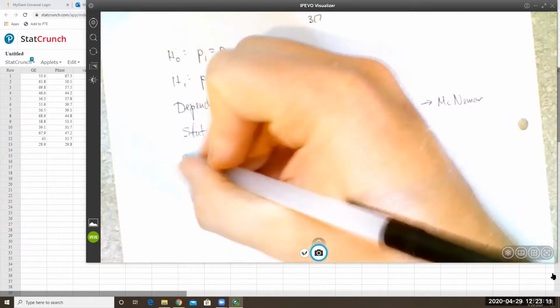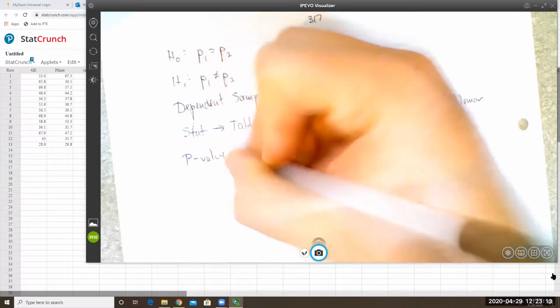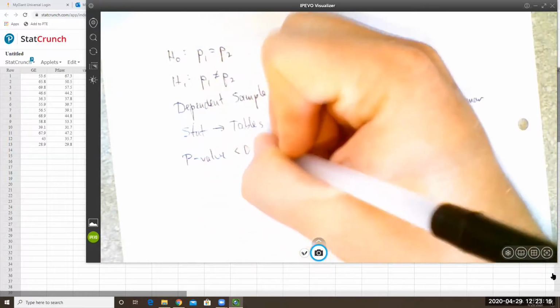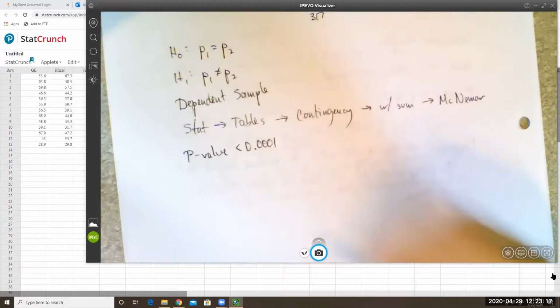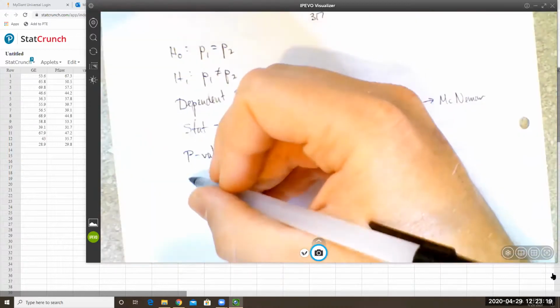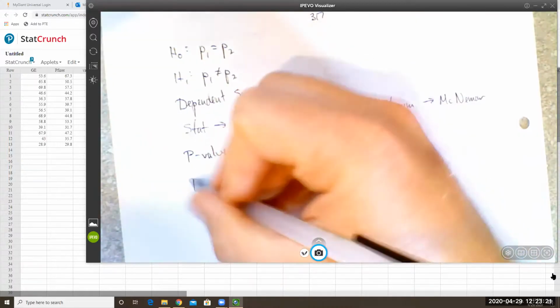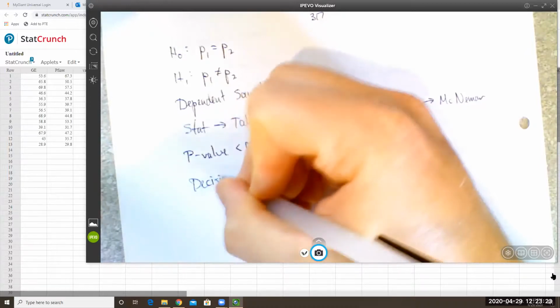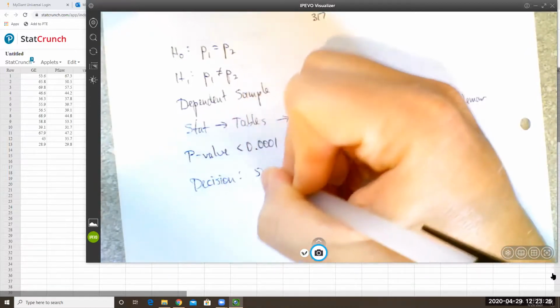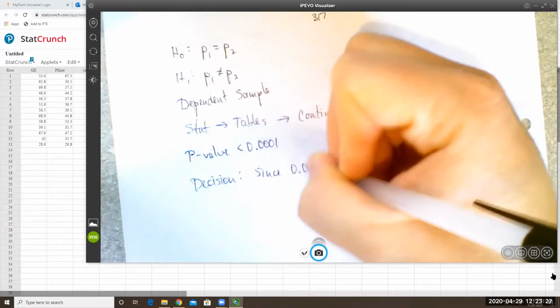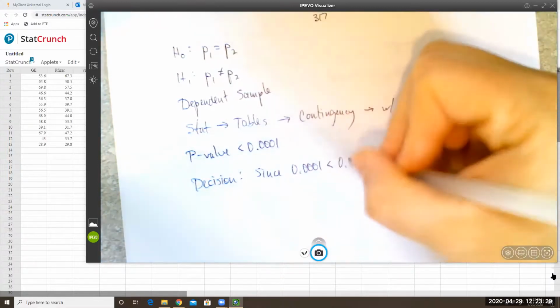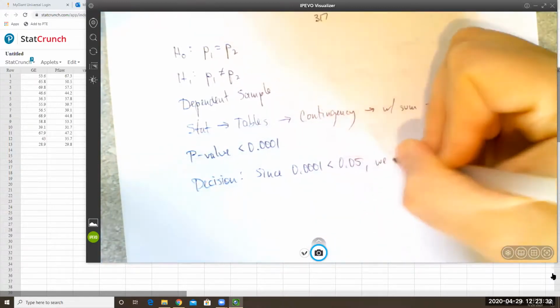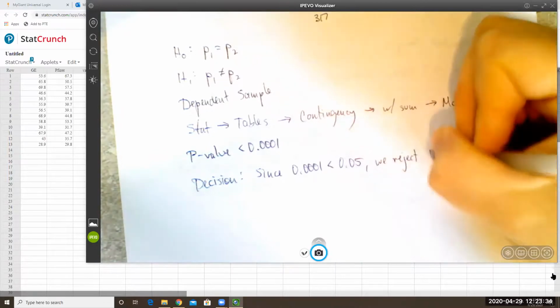But in this case, we just so happen to have seen three examples where the p-value was small, and so we're rejecting the null hypothesis in these examples. And so our decision is to reject the null hypothesis.